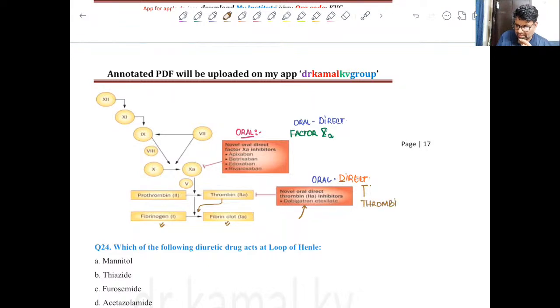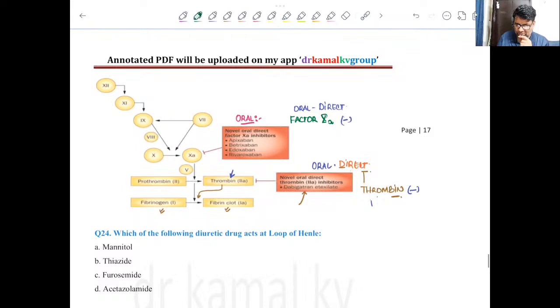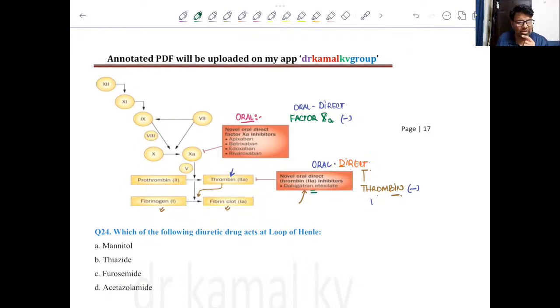So these are two classes, please remember them. For the oral direct thrombin inhibitor, we can remember dabigatran. And for factor 10A oral direct inhibitors, you can remember apixaban, betrixaban, edoxaban or rivaroxaban, right? So just remember these, and the answer here is dabigatran etexilate.